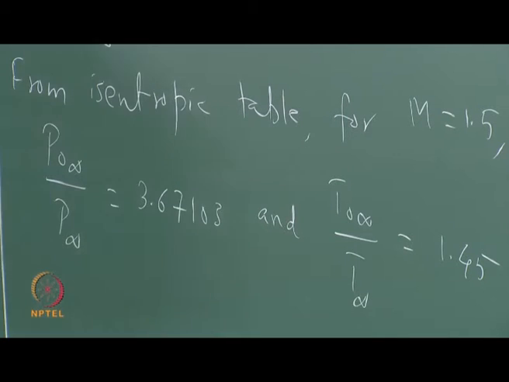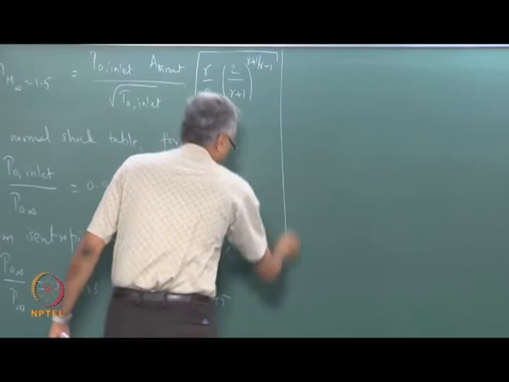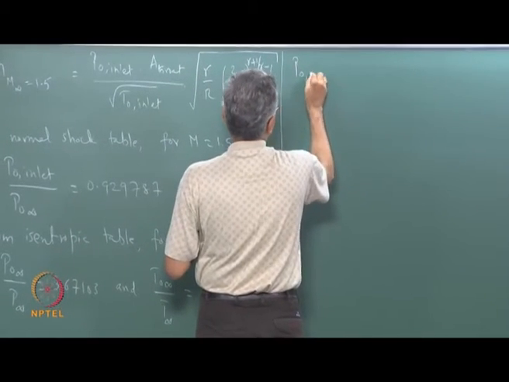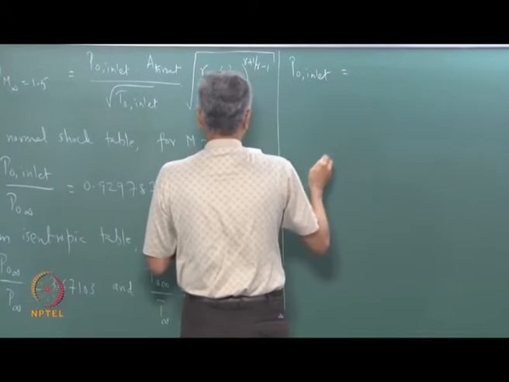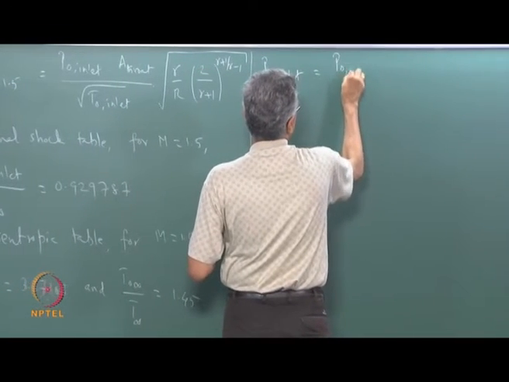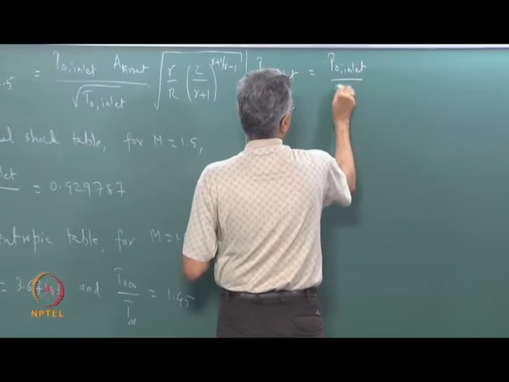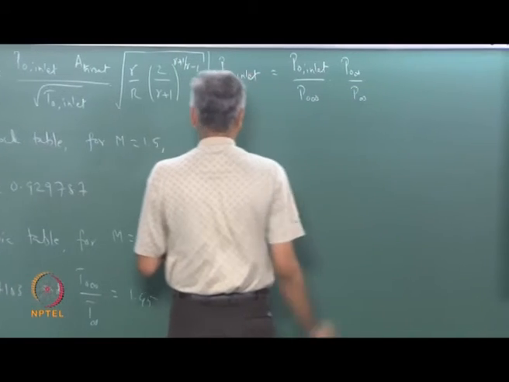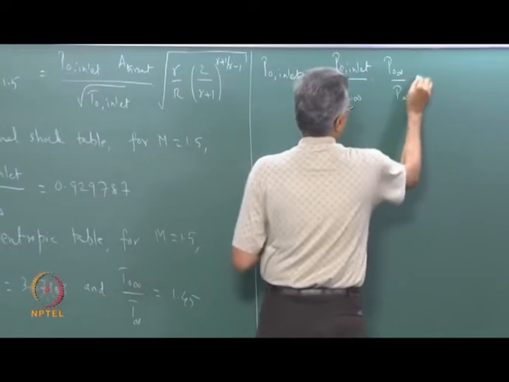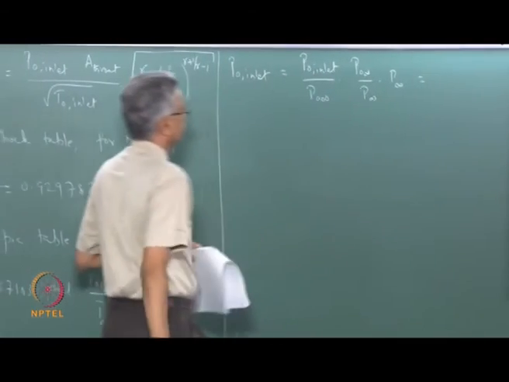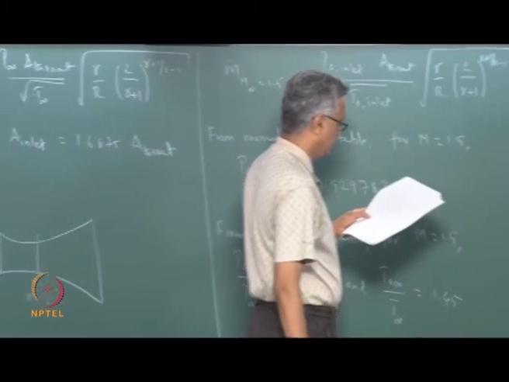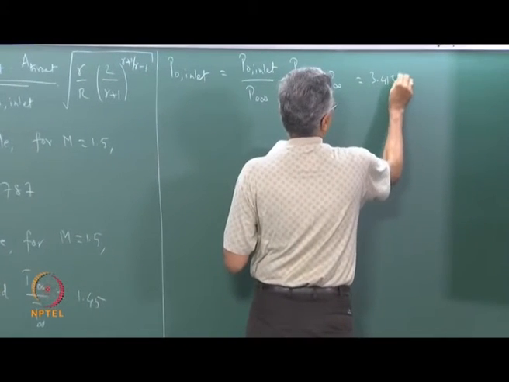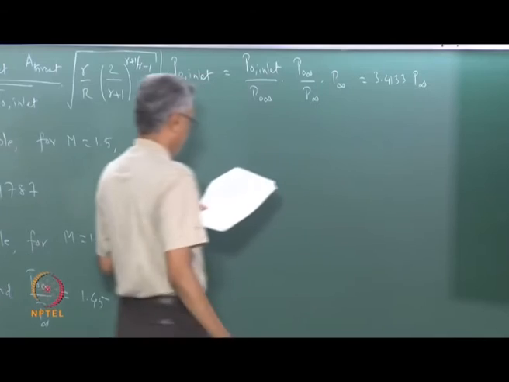So, I can use the same trick that I used before and write P0 inlet as P0 inlet divided by P0 infinity, times P0 infinity divided by P infinity, times P infinity. If I substitute the numbers, I get this to be 3.4133 P infinity.